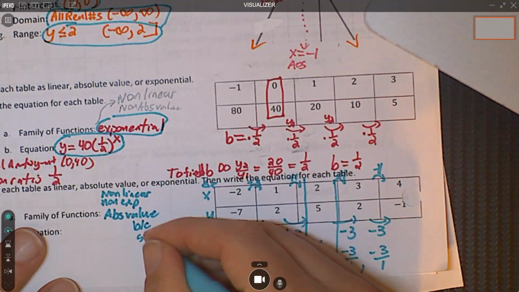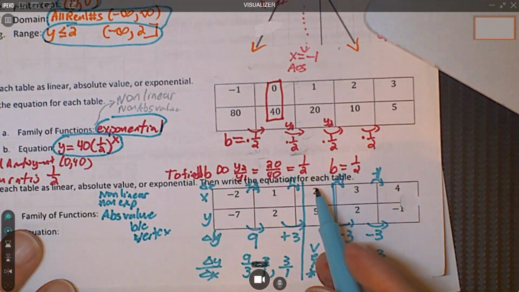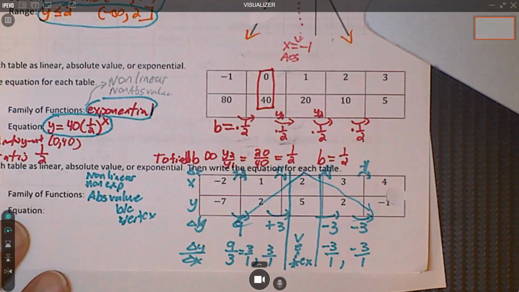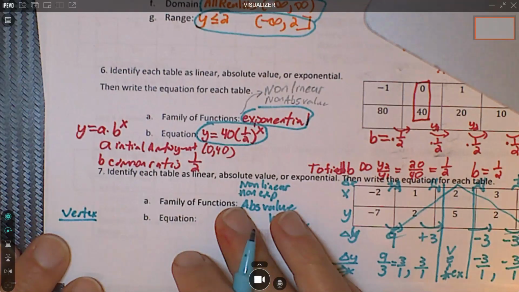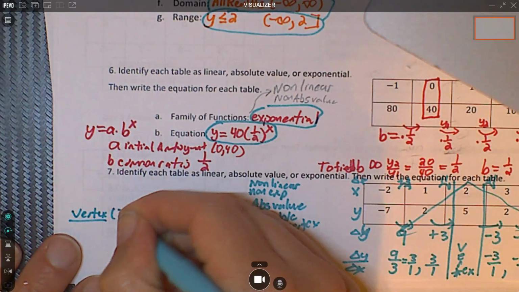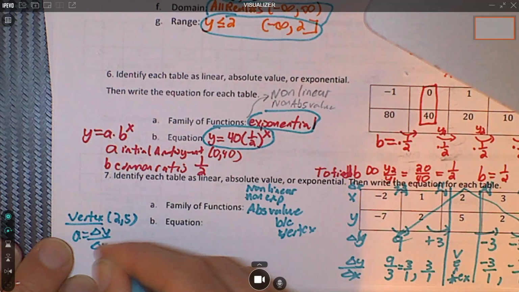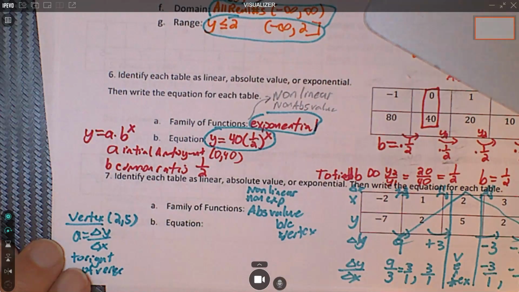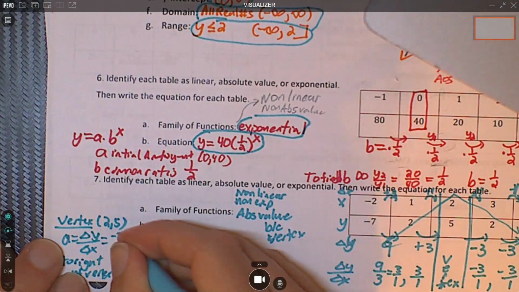Because of the vertex, like this one would open down from here. So there we go. For the equation, we have to have that vertex, which is 2, 5. A is the change in y over change in x to the right of the vertex. So the one directly to the right would be -3 over 1.